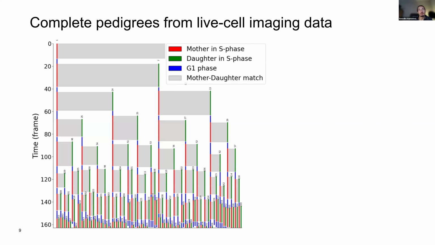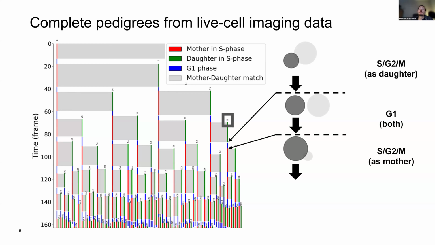So if we take a closer look at those pedigrees, what do we want to do with them now? If we look at one example cell here, cell 29, you can see that this pedigree data is very rich in information.